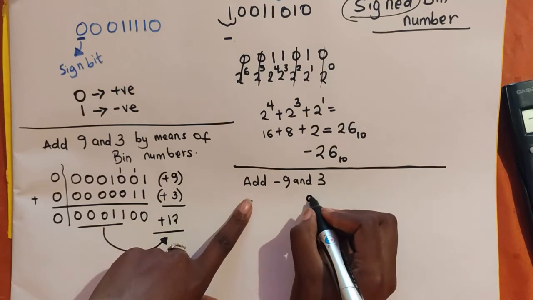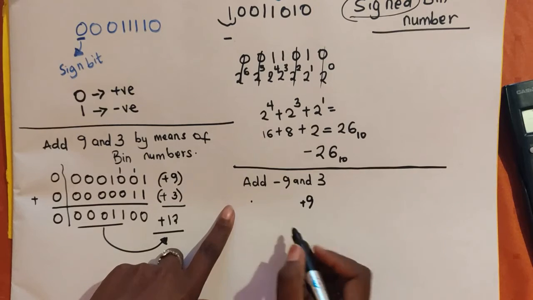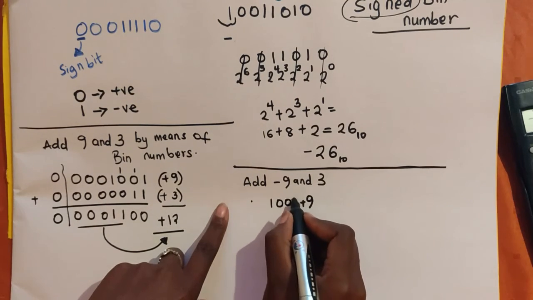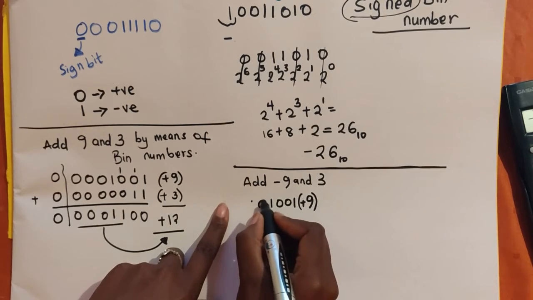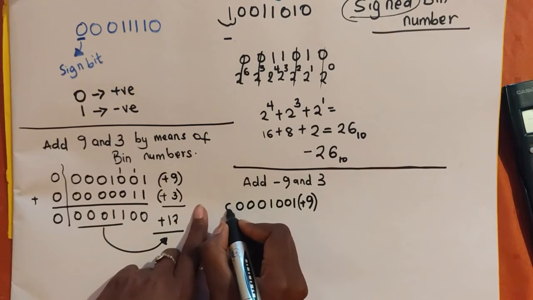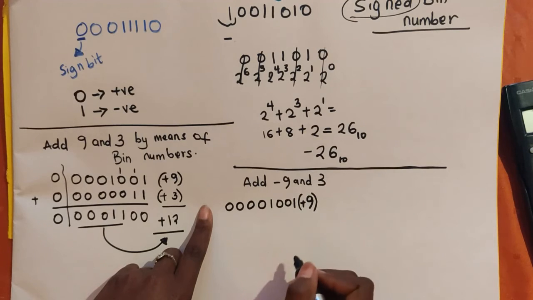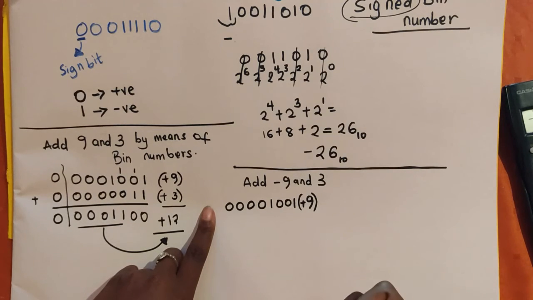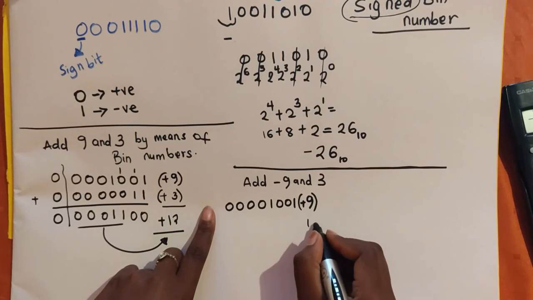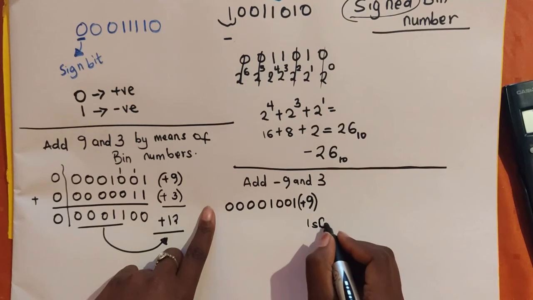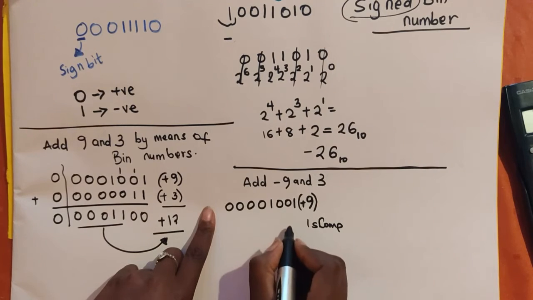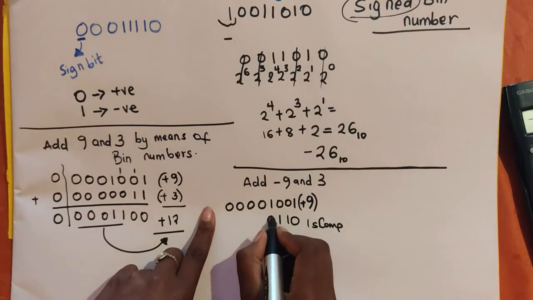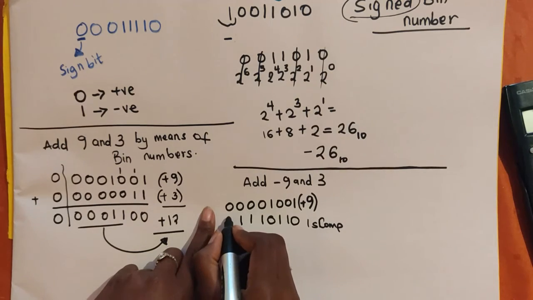So we have positive 9, which is 1 0 0 1. Let's make it 8-bit. Then let's change this to 1's complement first, which will be 0 1 1 0 1 1 1 1.